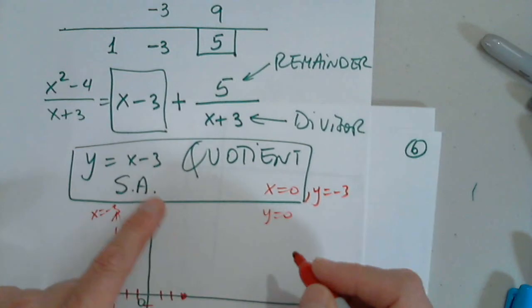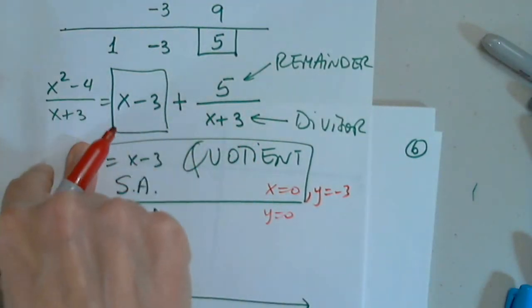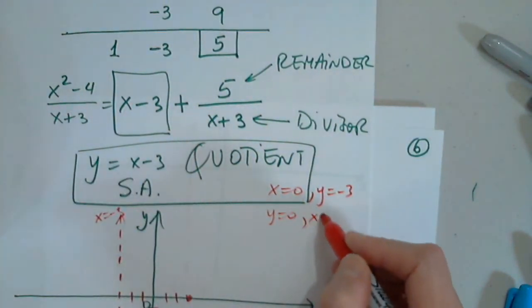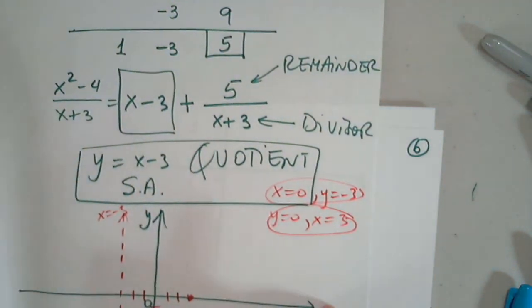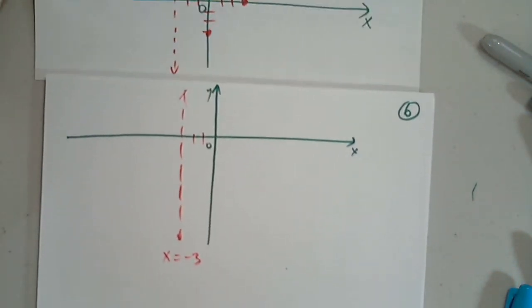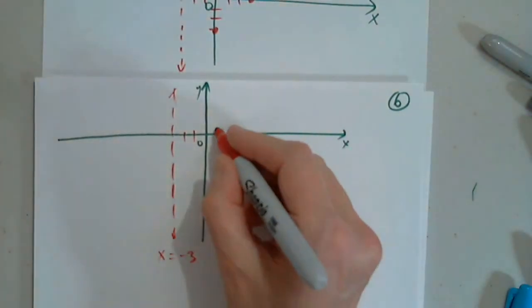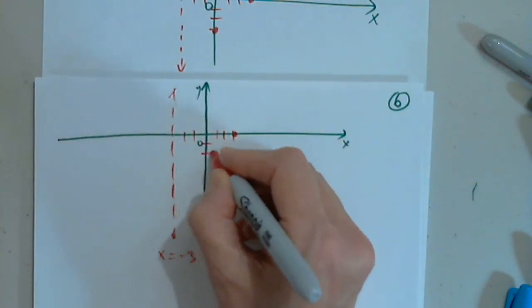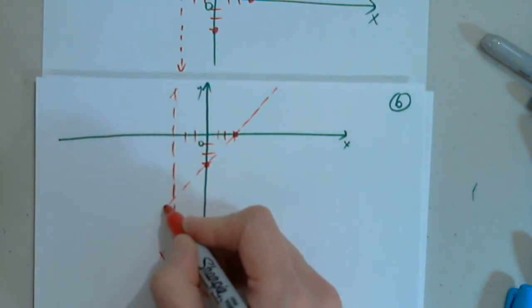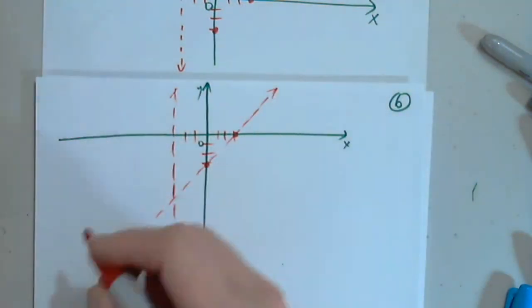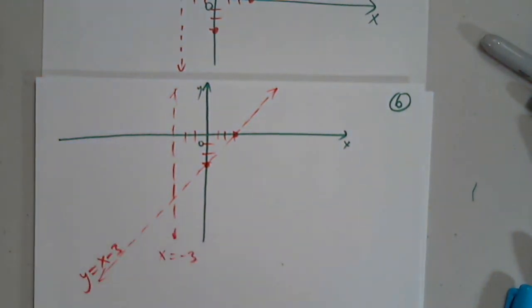When y is 0, x is 3. So 3 comma 0, 0 comma negative 3. This is y equals x minus 3, the slant asymptote.